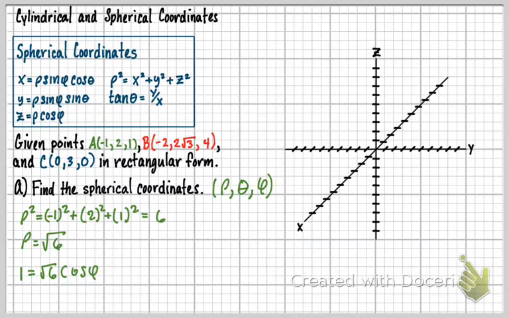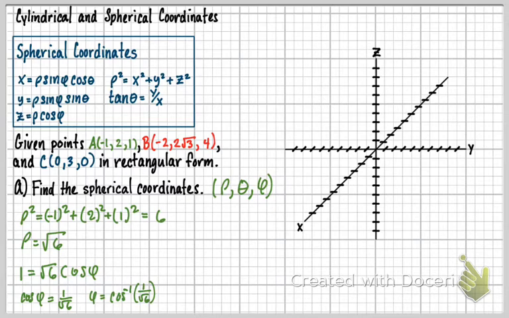And then what I have to do here is move over the square root of 6, which gives me cosine of phi equals 1 over square root of 6. And then I cosine inverse both sides. So my phi is going to equal cosine inverse of 1 over root 6. So there's my phi.